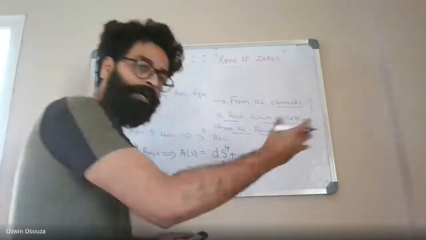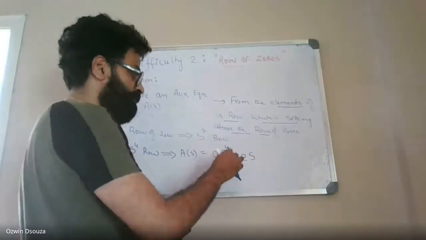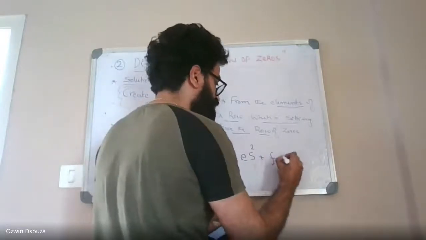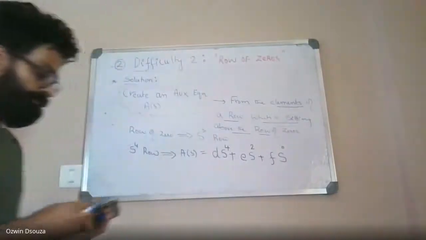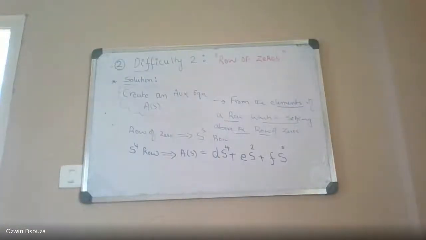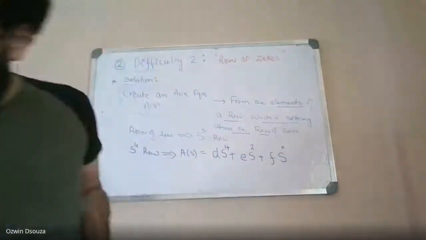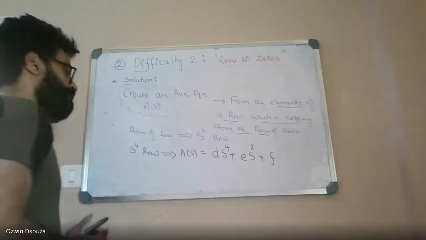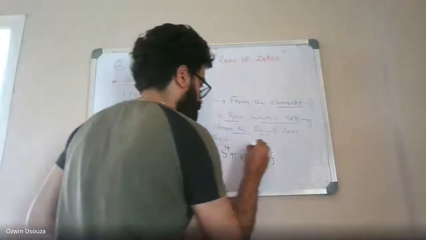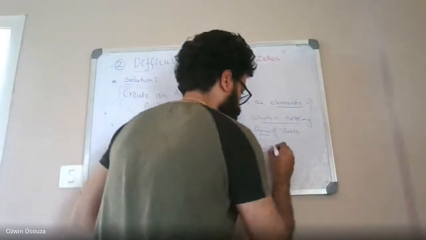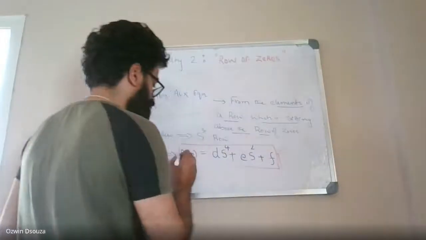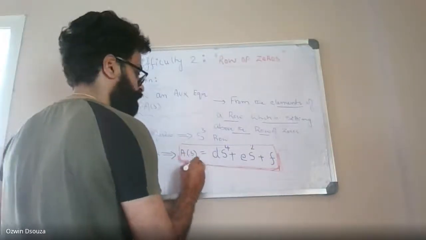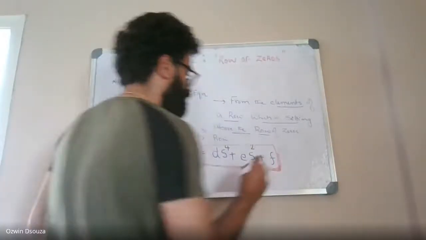You are dealing with alternate powers of s, right? If you start from s to the power 4, the next alternate power is 2. And then you have F, whose associated s term is s to the power 0. So s to the power 0 is nothing but 1. Okay. So this is my auxiliary equation. Done.